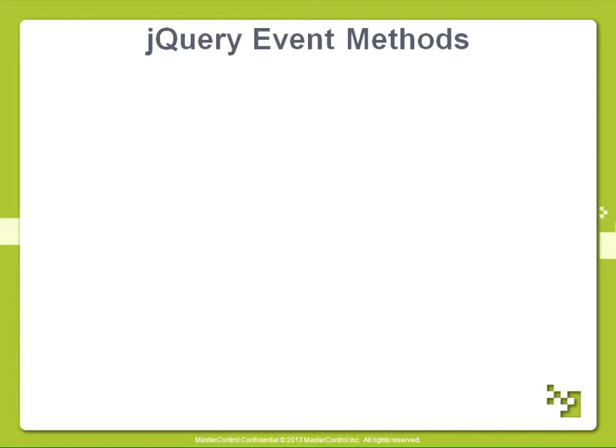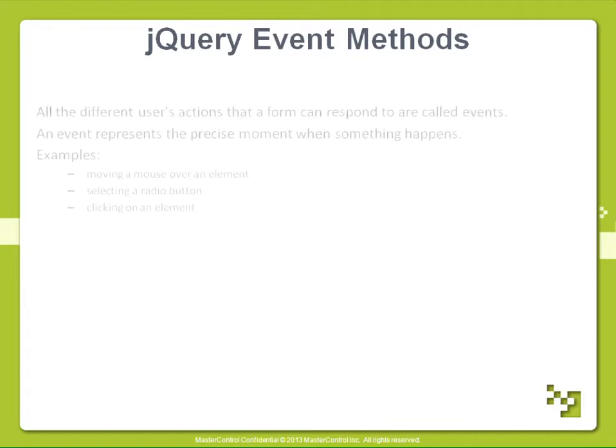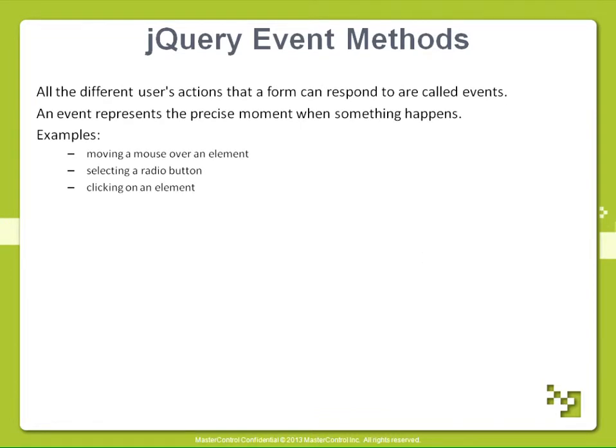All right, jQuery event methods. Before we were concentrating on the selectors. Now let's talk about once we've pointed at something, how to make it do something. The different user actions that a form can respond to are called events.